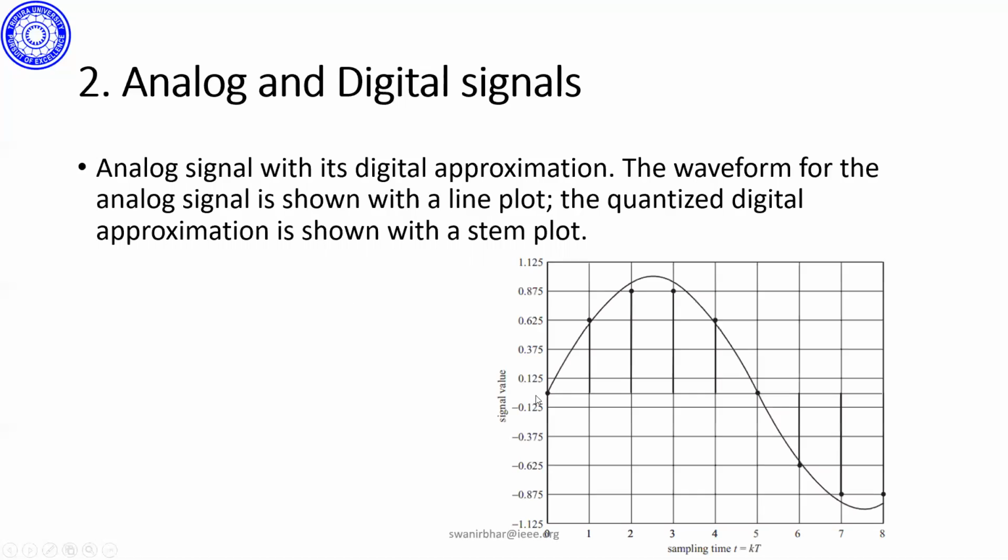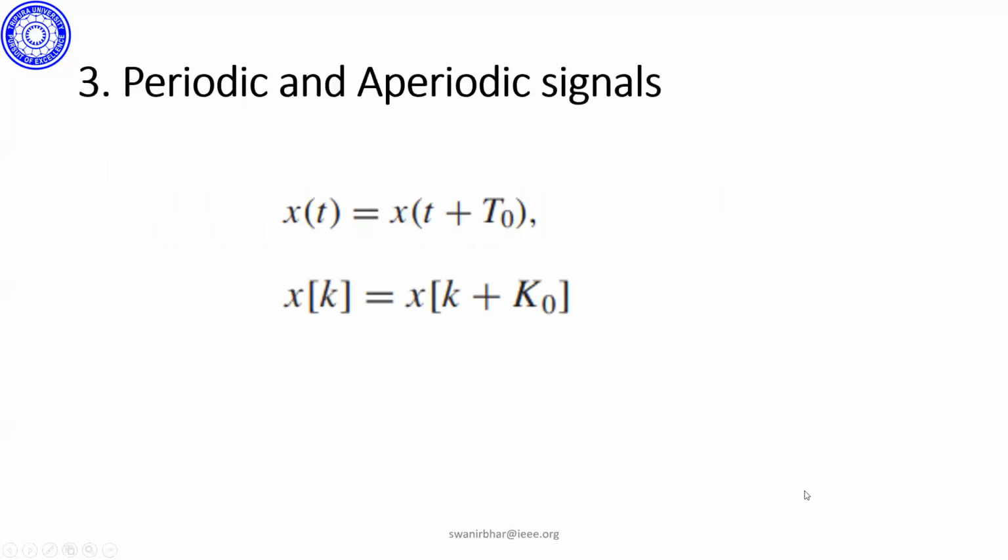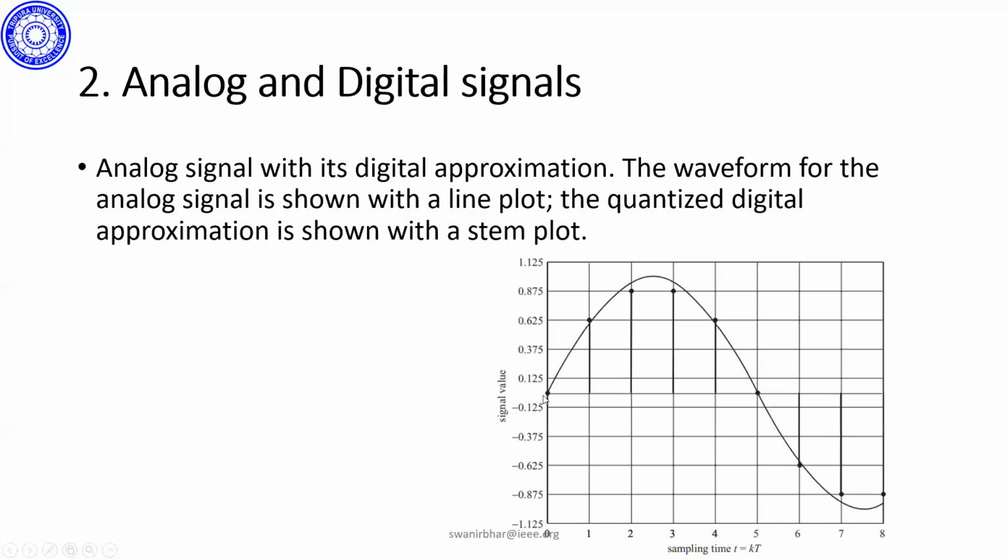You can see this sine wave, this line here is the continuous wave, and based on this, if you go to the points here, here, here and so on, these are actually the discrete values.